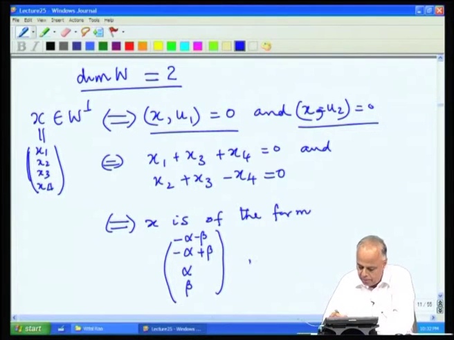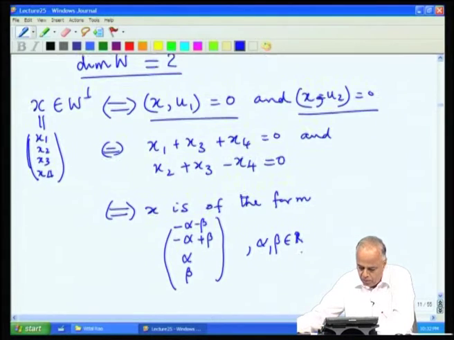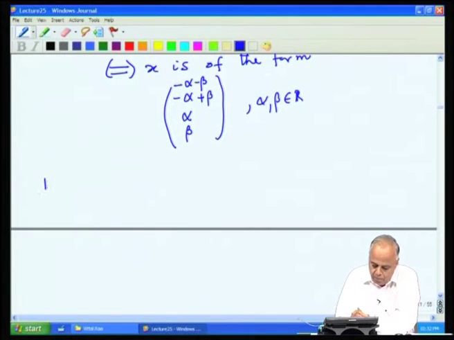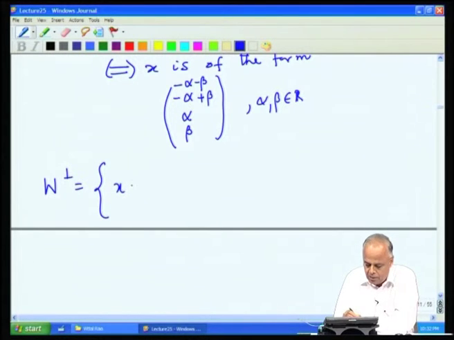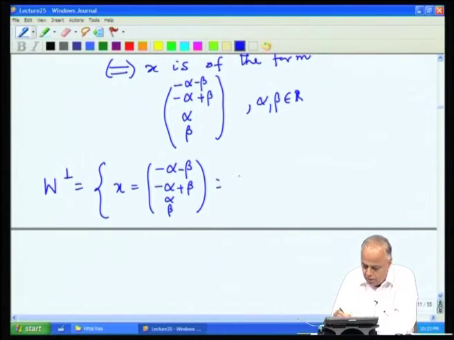So, where alpha and beta can be anything, we get that W perp consists of all the vectors of the form (minus alpha minus beta, minus alpha plus beta, alpha, beta), where alpha and beta are real numbers.